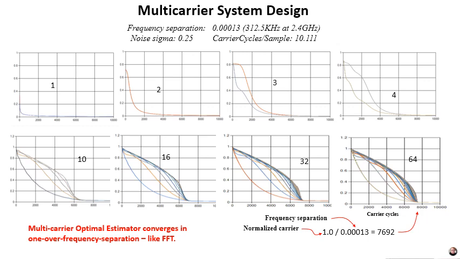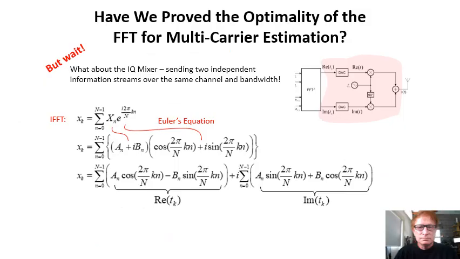This convergence point is exactly 1 over the normalized frequency separation, or 7,692 carrier cycles. Well, this is exactly the symbol time that would be expected from an implementation using the FFT approach. Aha! Have we just proven the optimality of the FFT solution?